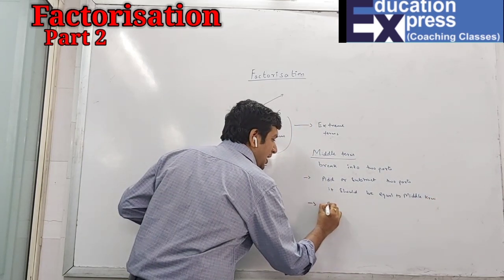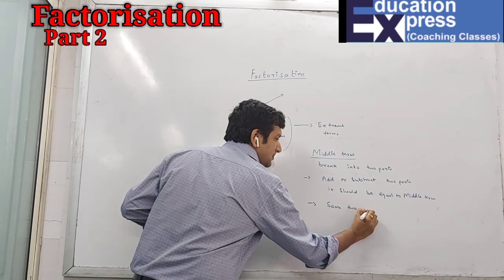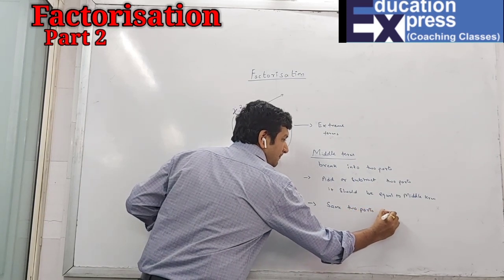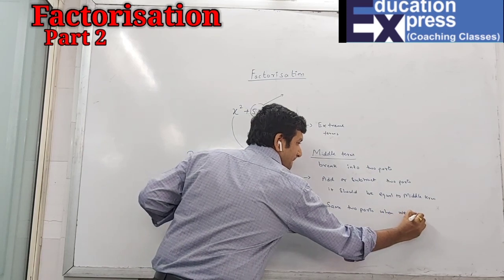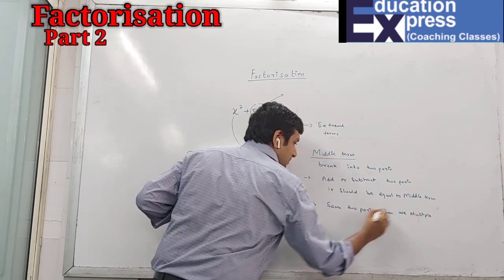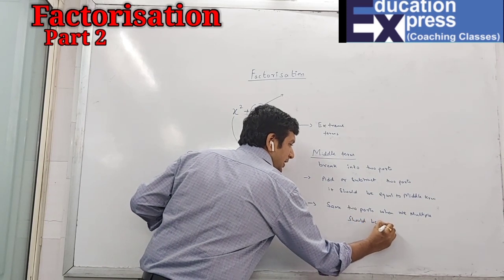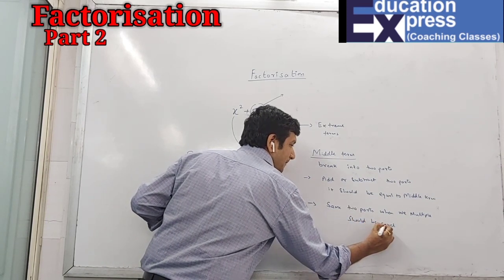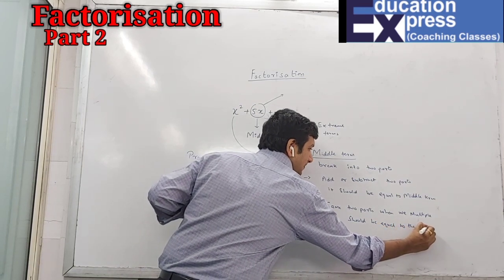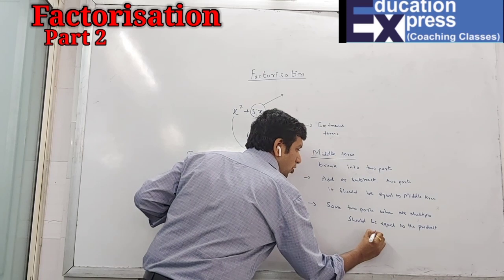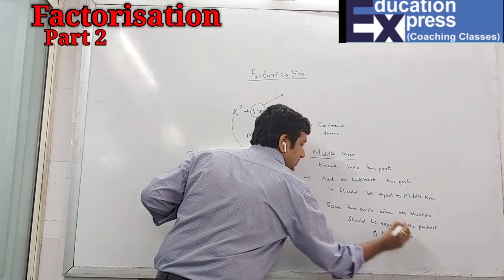And the same two parts, when you multiply, should be equal to the product of the extremes.